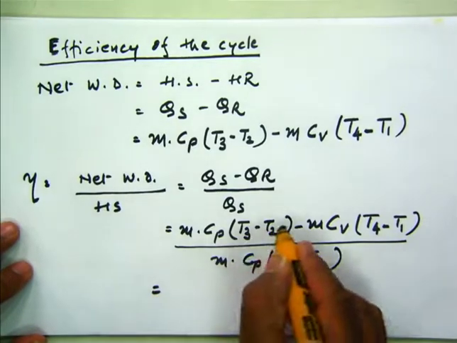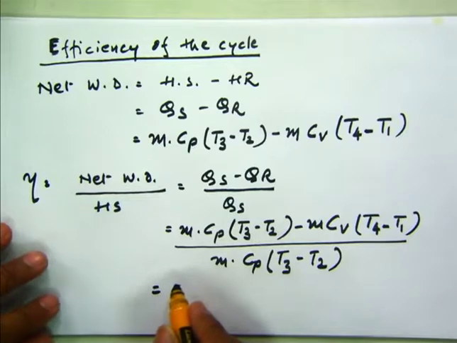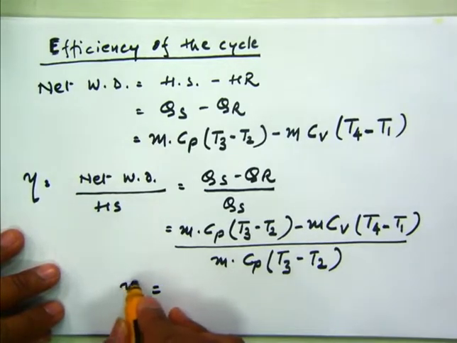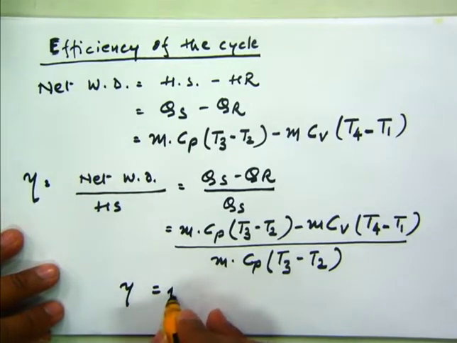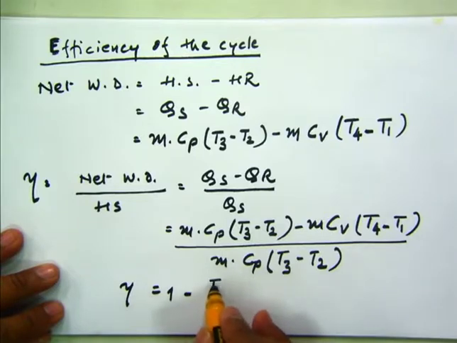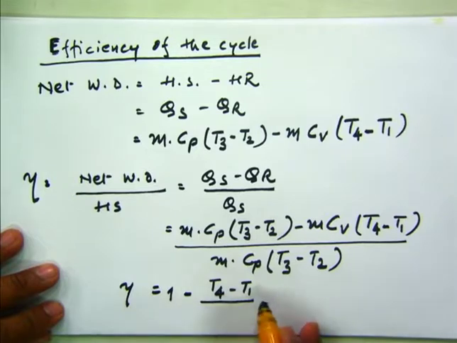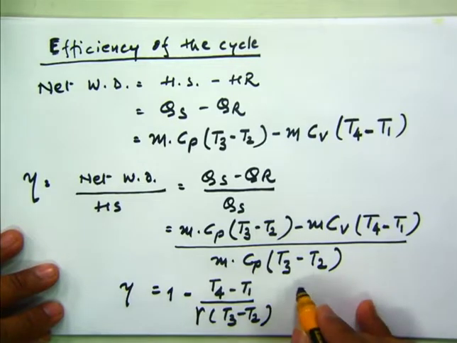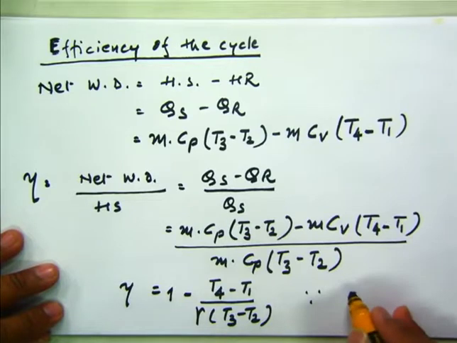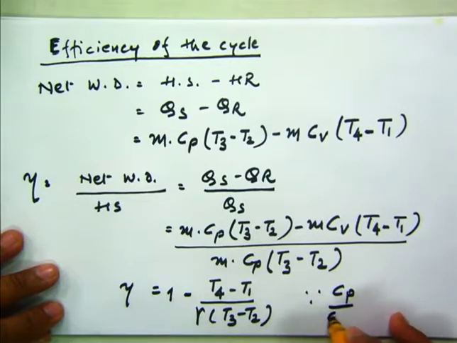Simplifying this equation, you will get eta is equal to 1 minus (T4 minus T1) upon gamma (T3 minus T2), because we have Cp upon Cv equal to gamma.